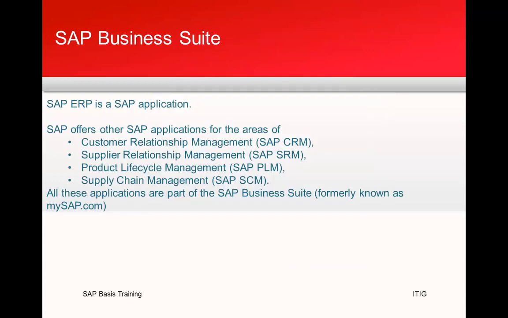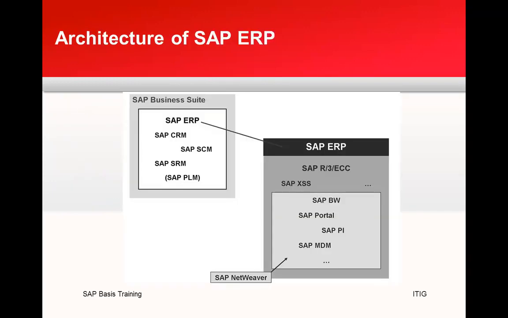So SAP ERP is an SAP application. SAP offers other SAP application servers in the area of CRM, SRM, and PLM, which is product lifecycle management. All these applications are part of the SAP business suite, formerly known as mySAP.com.